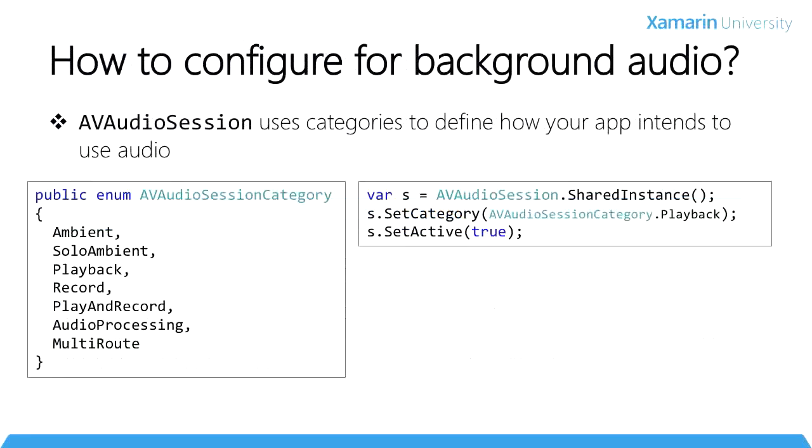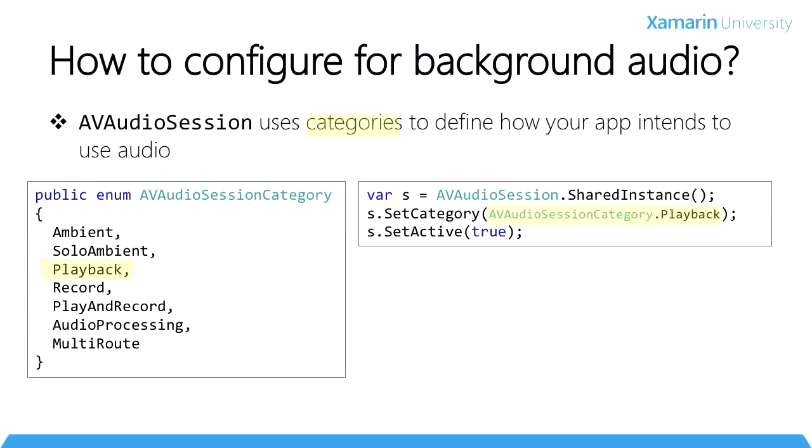On a high level, the audio session uses categories and they specify certain behaviors. For instance, if we take the playback category, that ignores the silent switch and it enables background playback.